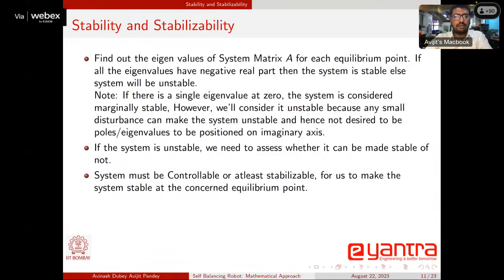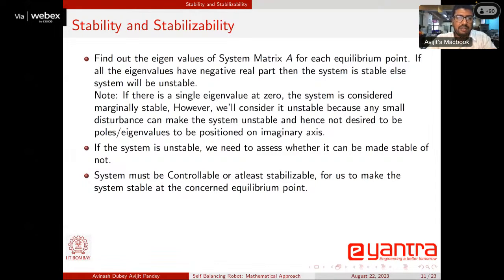Okay. So coming back, now we have a system matrix A. Now we can find different properties of this matrix A and find whether our system is stable, unstable, what is the stabilizability, what is the controllability, all these parameters.